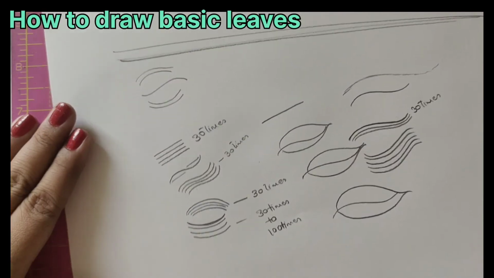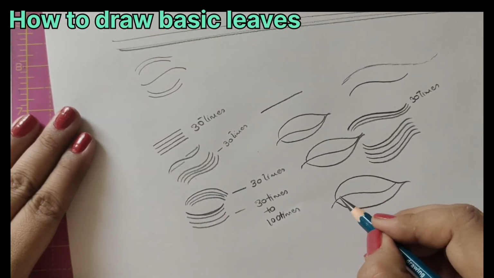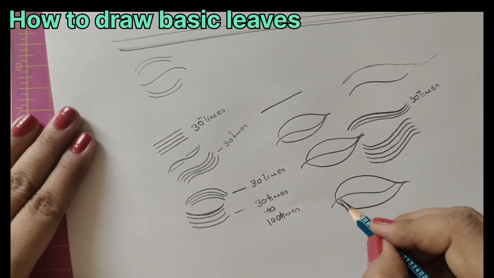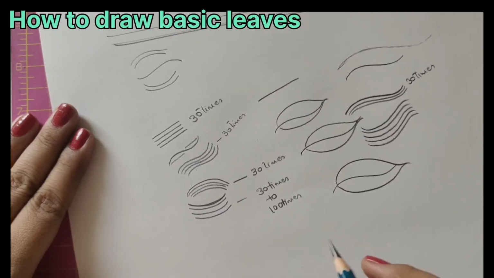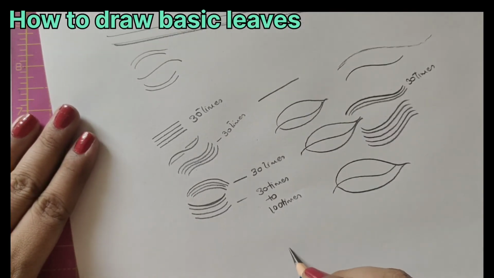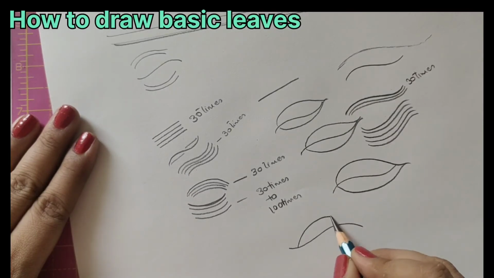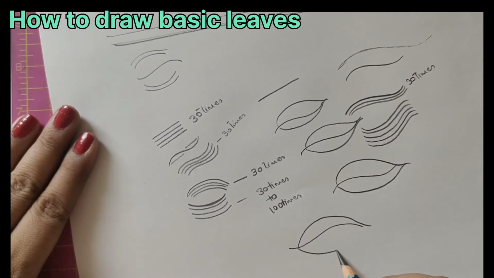Okay, now let us try to give some veins for the leaves. Now how do we give veins? So many of us draw leaf and veins in such a way like this, right?